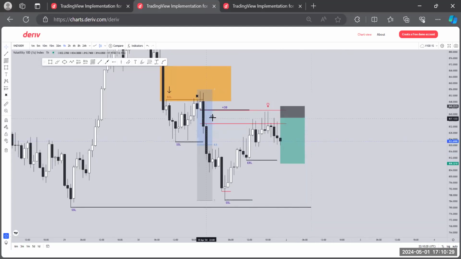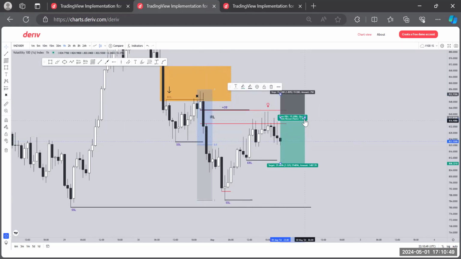So I took the entry right at the midpoint of this fair value gap, and then my stop loss right above it. And actually, my stop loss should have gone a little bit higher, taking into consideration that price may tap into the other block and then give us that reaction to the downside.